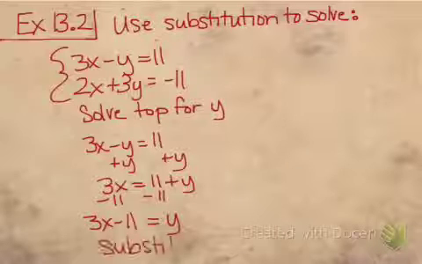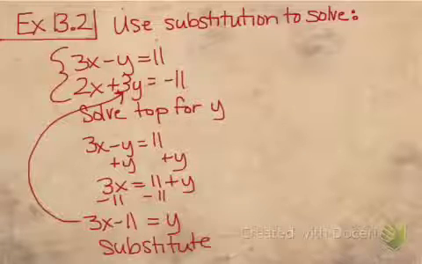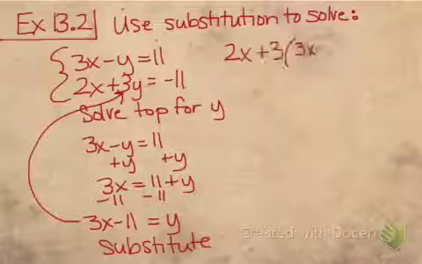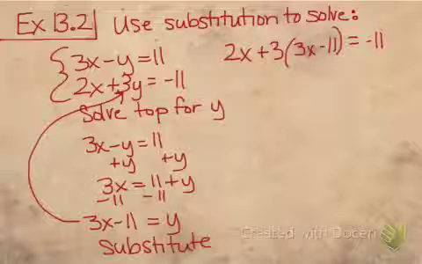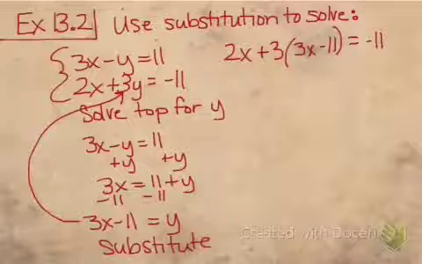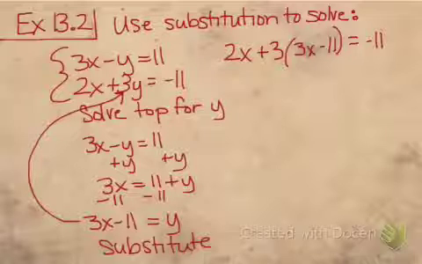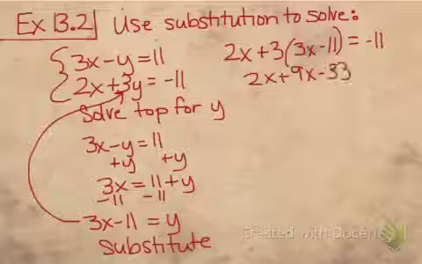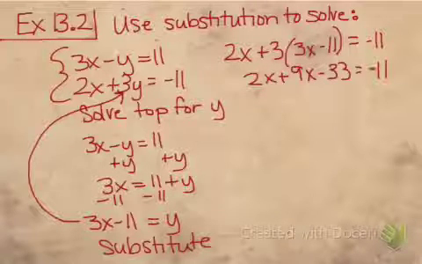Now we can substitute it in for y in the second equation, and we get 2x plus 3 times 3x minus 11 equals negative 11. We're just taking that 3x minus 11 that equals y and plugging it in for y. So we get 2x plus 9x minus 33 equals negative 11.